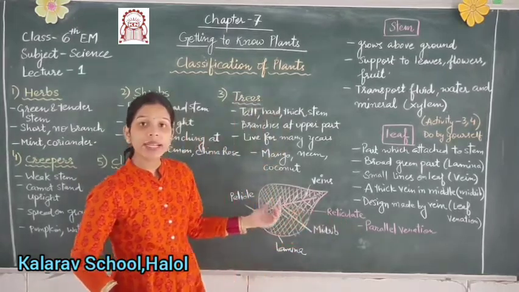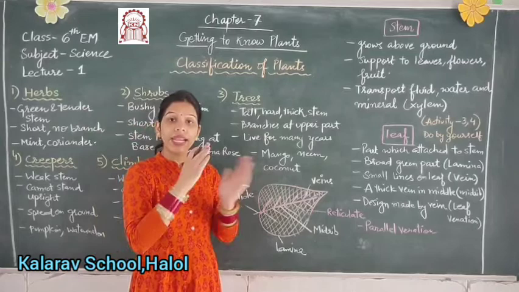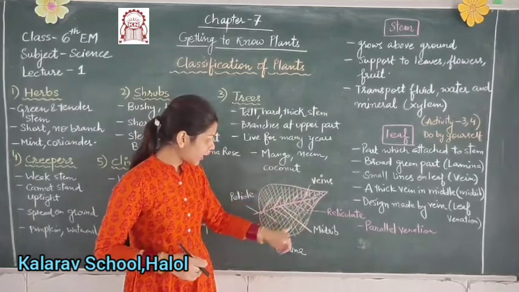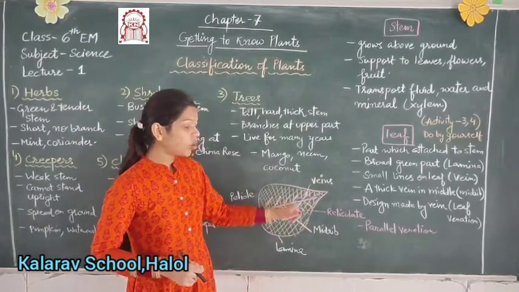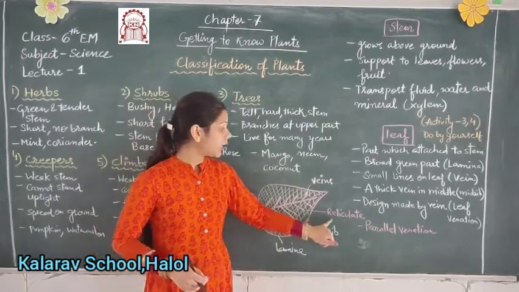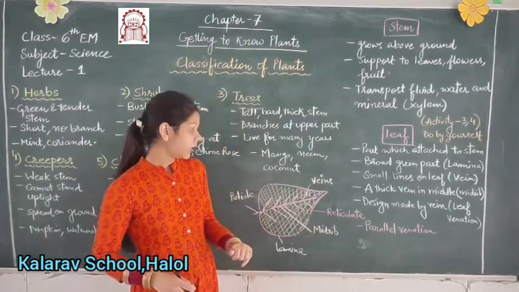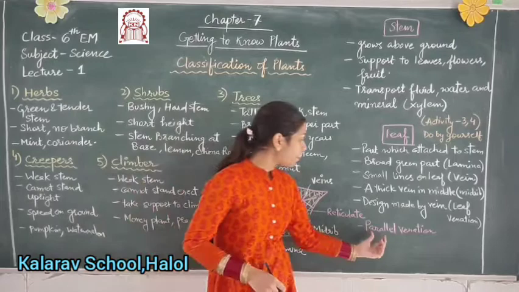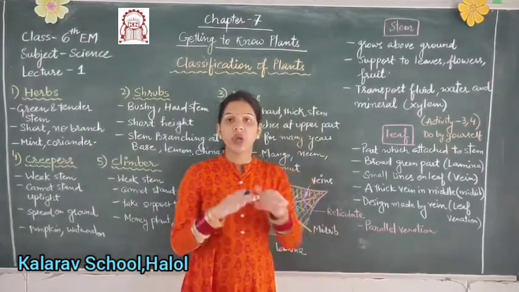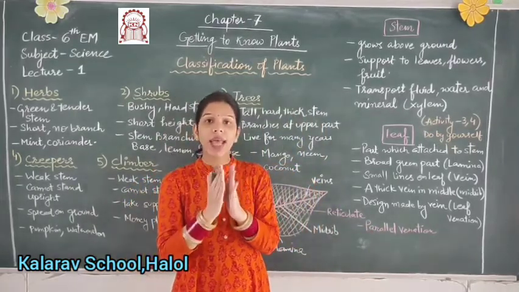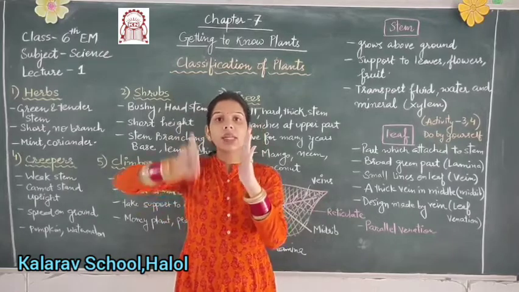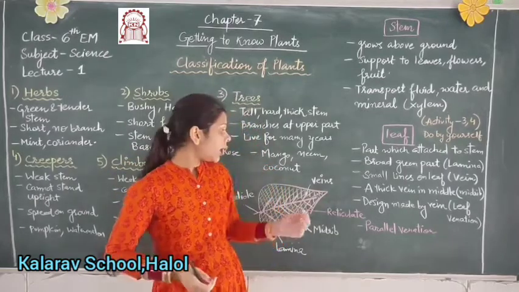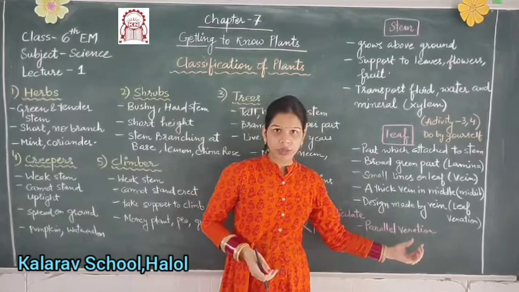Reticulate is a pattern, a net-like structure formed by a number of veins. Alright. Next is parallel venation. As the name indicates, if the design has parallel lines, that is called parallel venation.